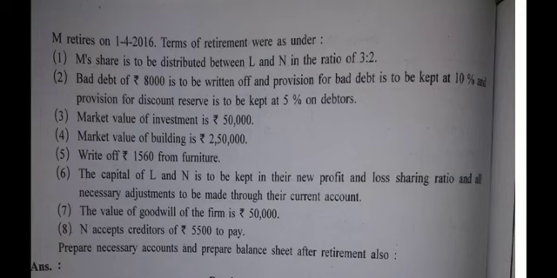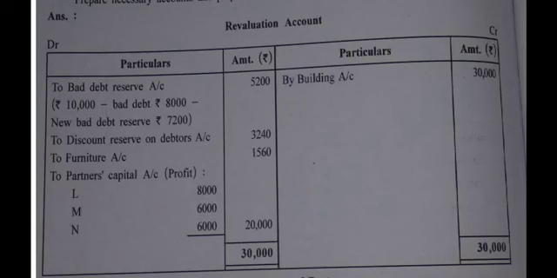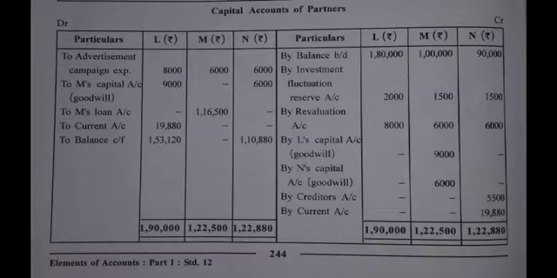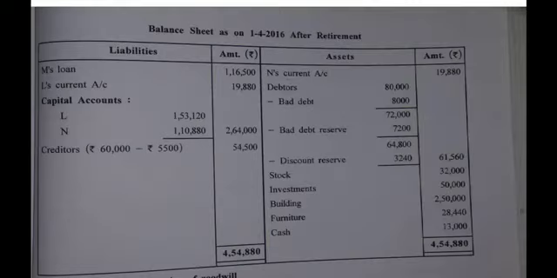So increase in the value of an asset is to be credited to revaluation account. So 2,50,000 minus 2,20,000 gives you 30,000, which is written on credit side of revaluation account. Alright, and the new value of building to be written in new balance sheet, which is 2,50,000. If you can see, just after the investments it is written.